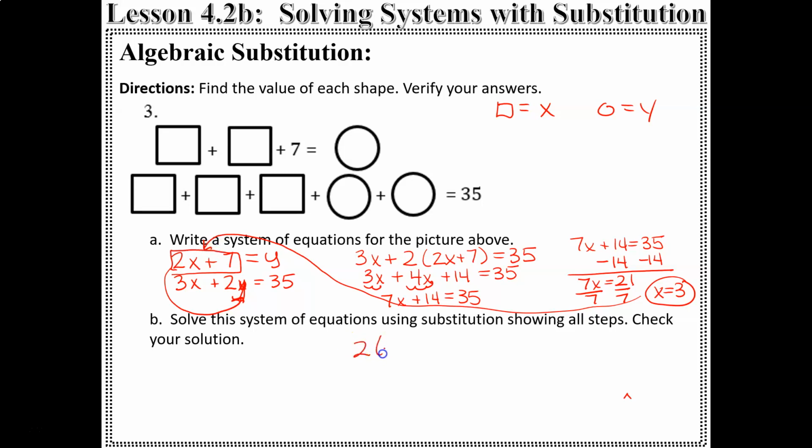Instead of the x, now I'm going to put in the value I just found. So I have 6 plus 7 equals y. So y is 13. Now you need to go back and you need to write these as a point. If I graphed those 2 equations, they would intersect at the point (3, 13).